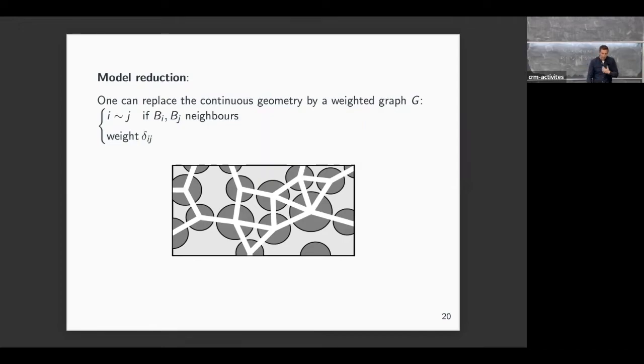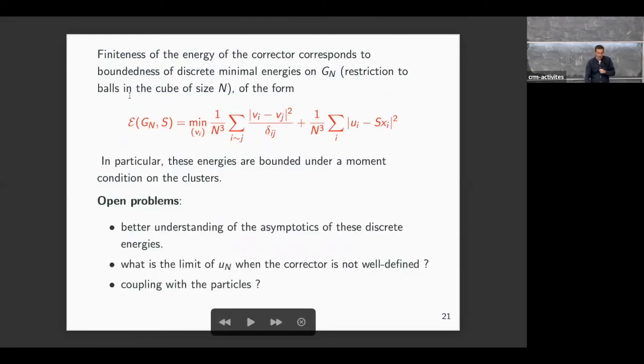What I think remains to be done is really understanding how this skeleton can tell you things about the full continuous model. What we know typically is that the finiteness of the energy of the corrector in homogenization will correspond to the boundedness of a sequence of discrete energies on these graphs.